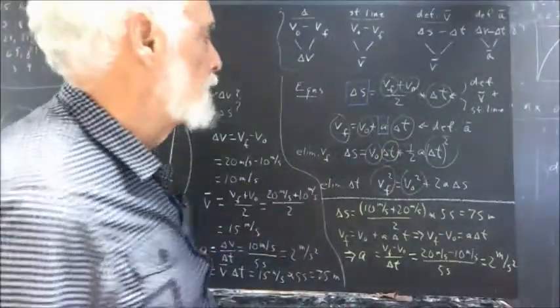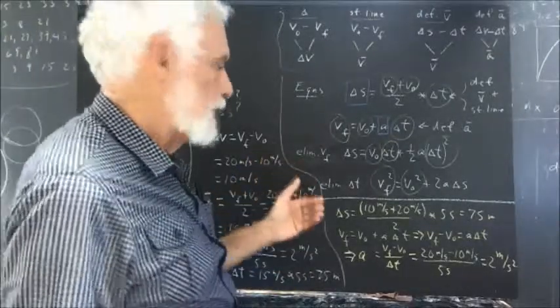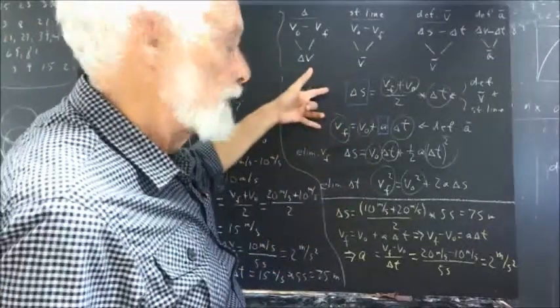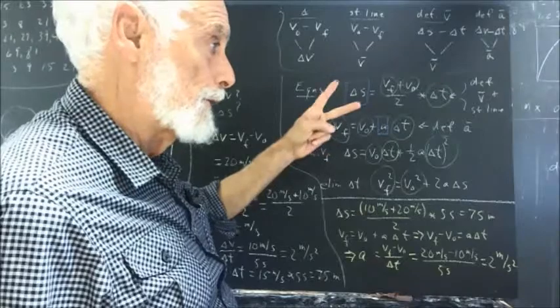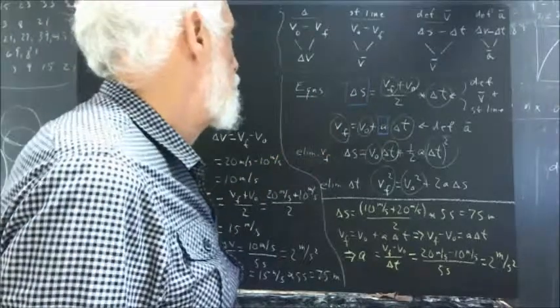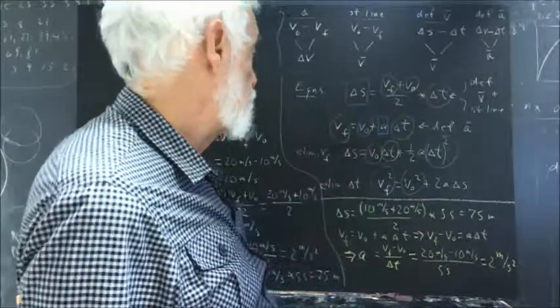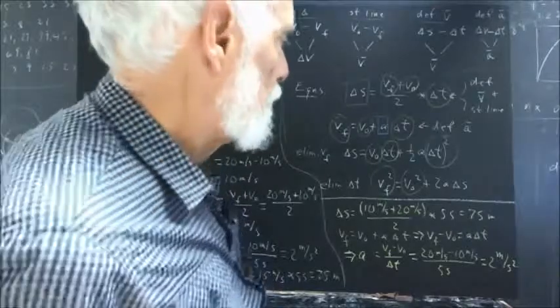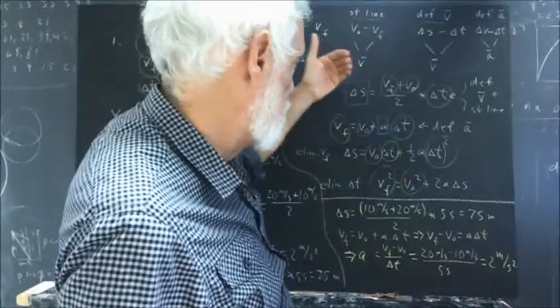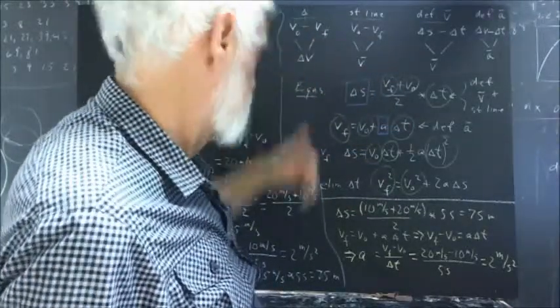These two equations are obtained by treating the first two equations as two simultaneous equations in the two unknowns, which we could regard as delta T and Vf.